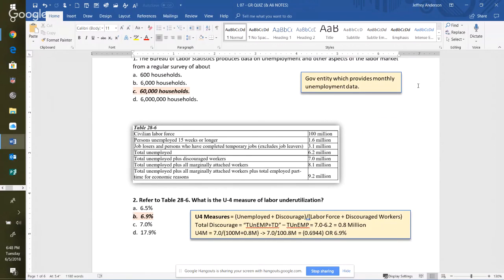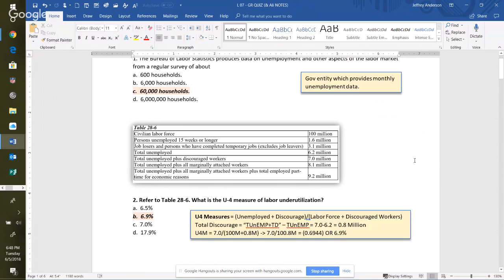Okay. Yeah, and that's why I had to write this formula out and give myself steps so that when I go back and look at it again, I can remember, oh yeah, I had to subtract it out of a total combined number in order to identify the discouraged worker portion of that. Does that make sense? Yeah.